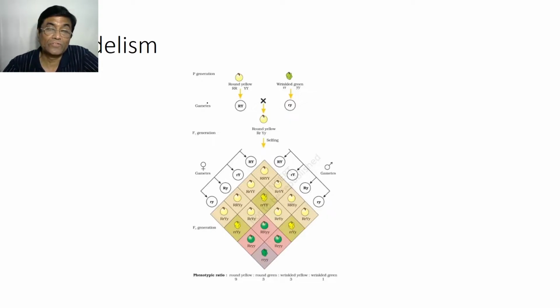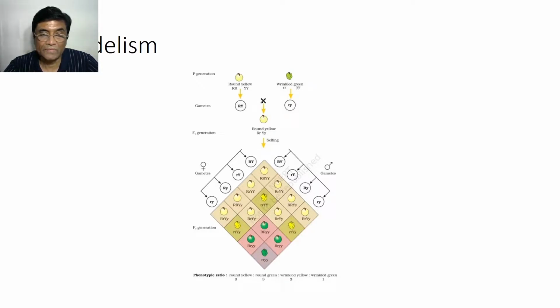At that time there was no concept of gene, DNA, all kind of thing, right? So he explained it in the form of gametes. Gamete means the pollen, right? So capital R, capital Y: this is pure round and yellow. Okay, and this is pure wrinkled and green.